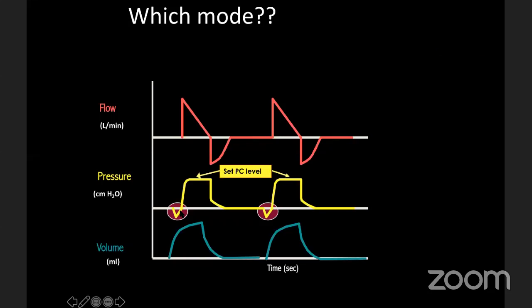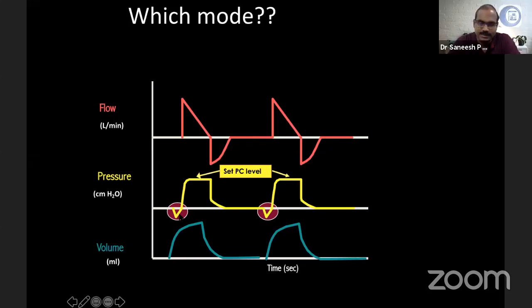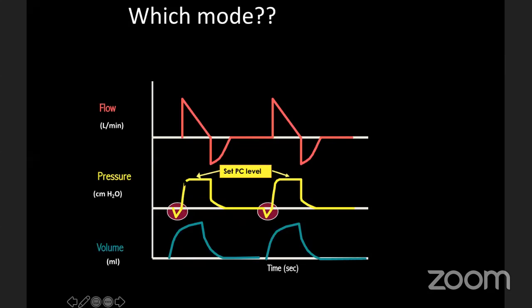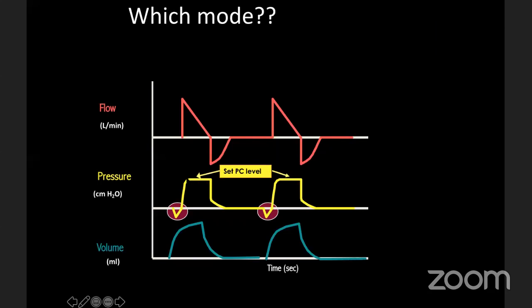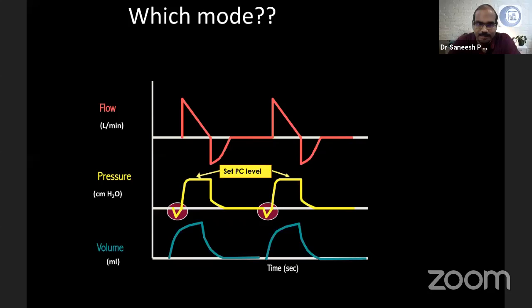Okay. Then coming to the pressure tracing, who initiated the breath? There is a trigger. Patient triggered the breath. Yeah, you can identify the trigger. Okay, then what happens to the pressure tracing? Can you describe the pressure tracing? So pressure rises to the set value. Yeah. Okay, so this breath cycle is limited by the set pressure. Clear?